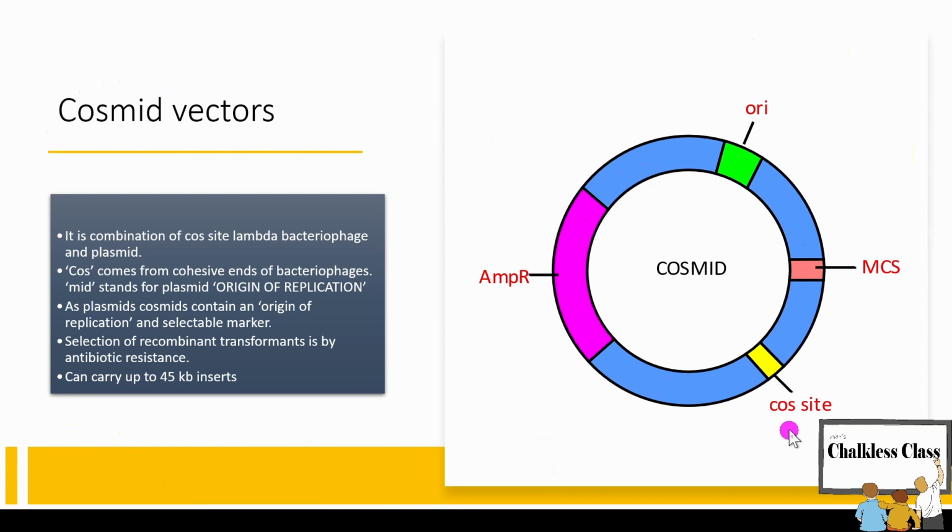But for that, cohesive ends of the bacteriophages are added. Thus, one genetically engineered hybrid vector is developed. The selection of recombinant transformants is by using antibiotic resistance. These cosmid vectors can carry up to 45 kb DNA inserts. Bacteriophages can transport about 23 kb DNA inserts.